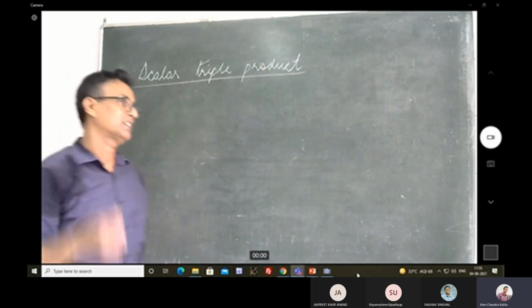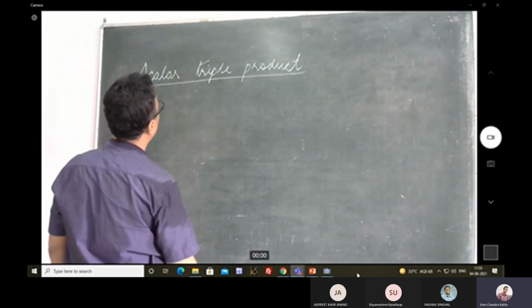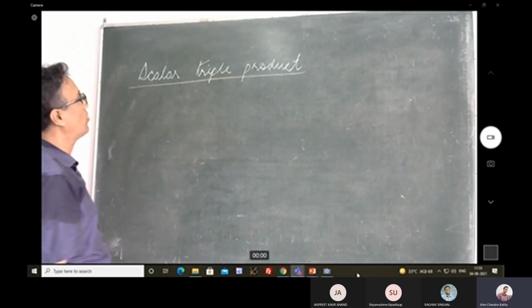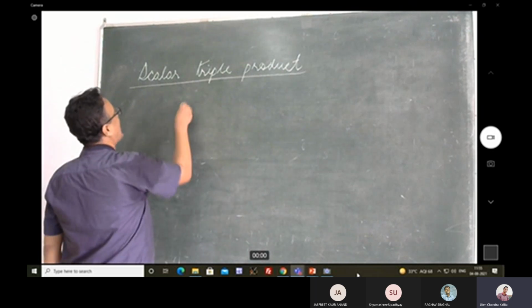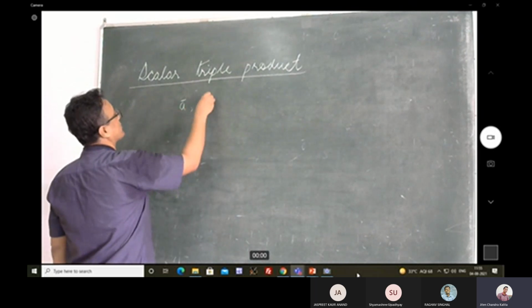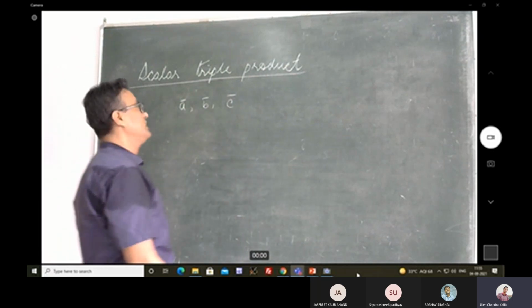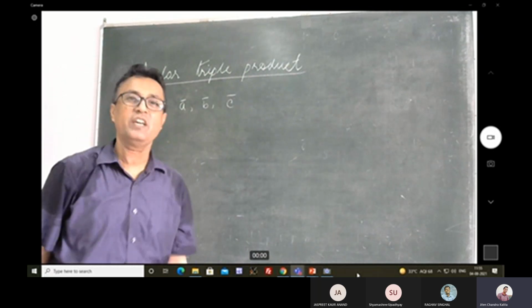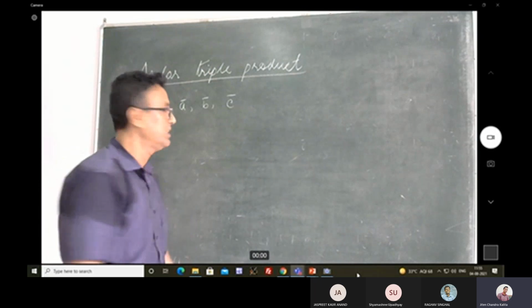Scalar triple product. So what is the scalar triple product? I'm going to consider three vectors A, B, and C, with components A1, A2, A3, B1, B2, B3, and C1, C2, C3.